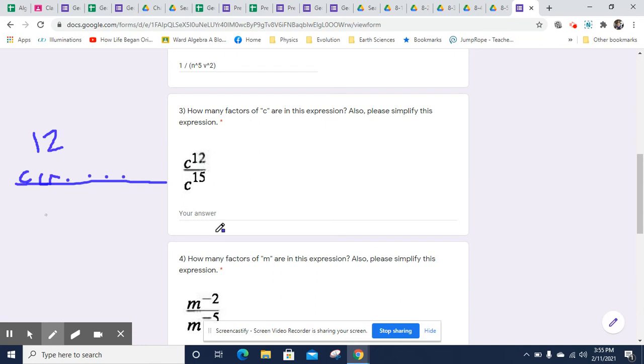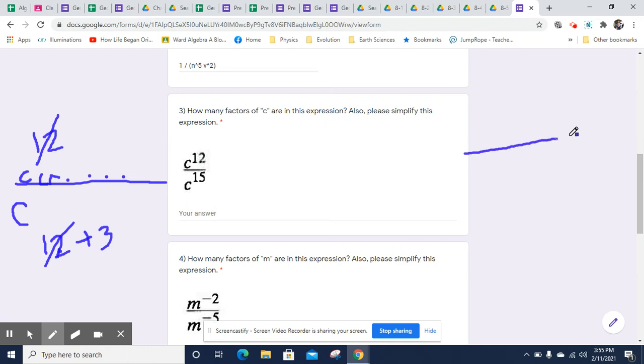And then over here, I have 15, but 15 is the same as 12 plus 3 factors of c. I'm not going to write it all out because it takes a really long time to do with this program. So 12 plus 3 factors of c in the denominator. And we can factor 12 of those factors of c out here and 12 of those factors of c down here, and we're left with 3 in the denominator.